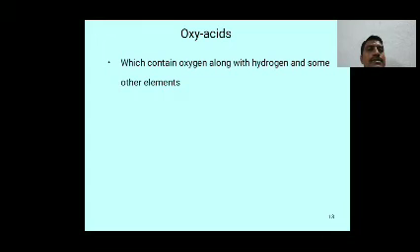Oxyacids contain oxygen along with hydrogen and some other elements.